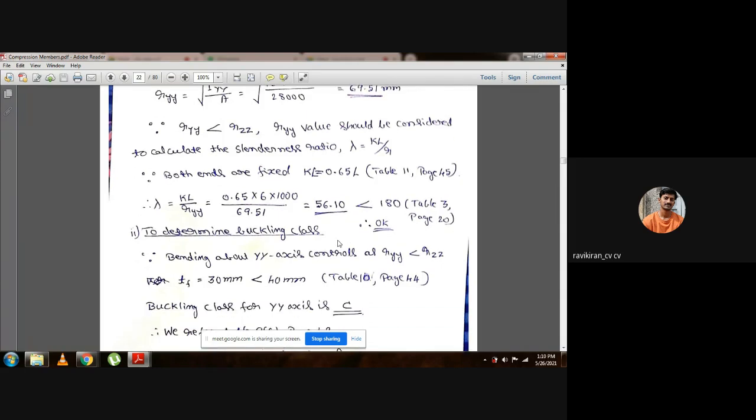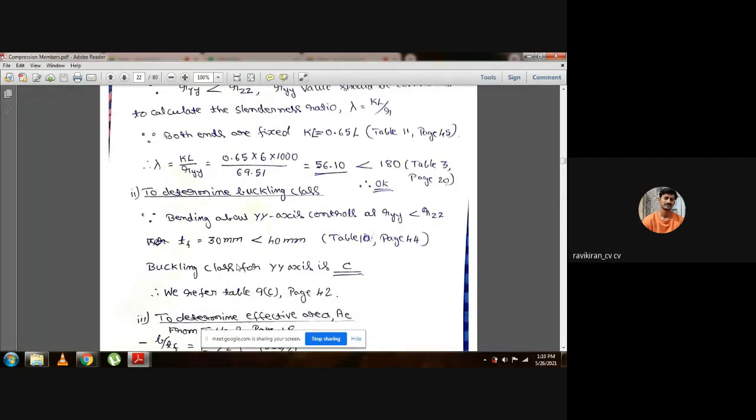Now open IS 800, or before that, just we need to check what is the buckling class. For that, bending about YY axis controls as RYY is less than RZZ. Thickness of flange is 30 millimeter, which is less than 40.